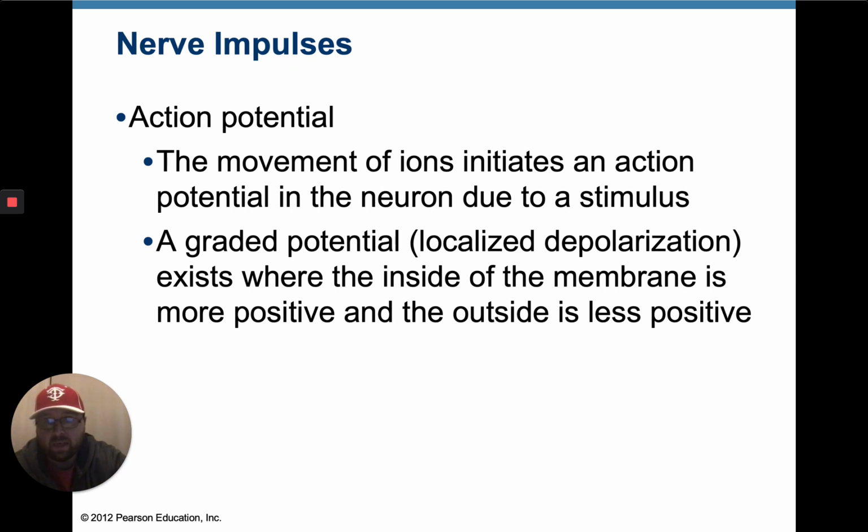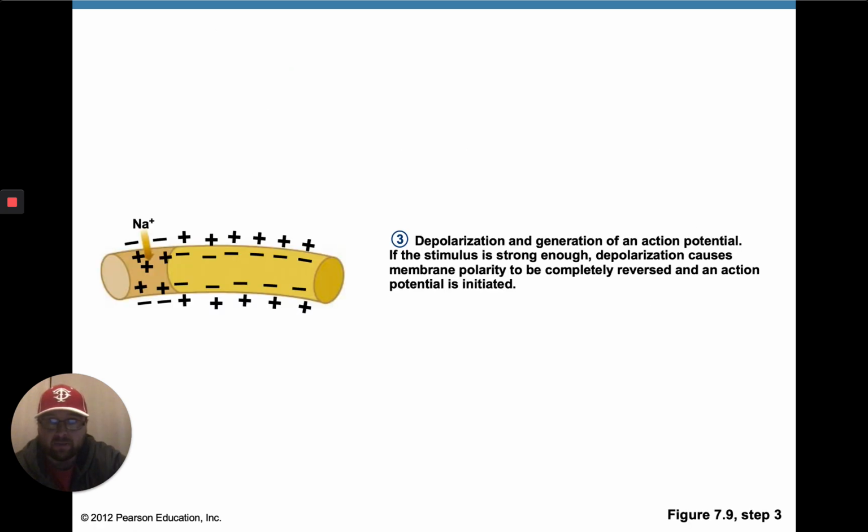And what that's going to do is open up those little proteins embedded in our cell membrane, and we create what's called a graded potential, and that means that our membrane is now more positive inside than outside, so it's flipped. And that's what you see here.